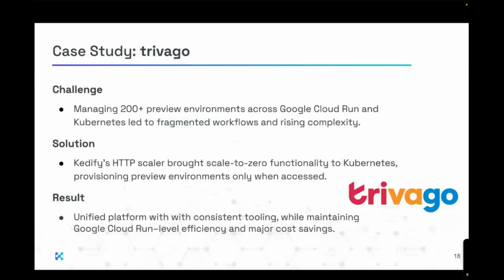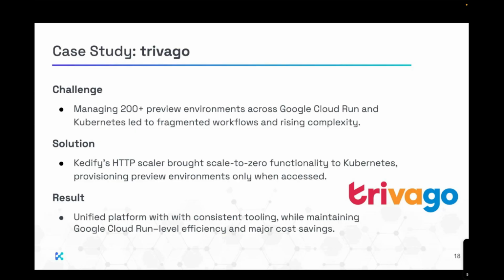This is one of the examples we did, for example, with Trivago, if we are talking about HTTP scaling. What they did before was use Google Cloud Run, which is like AWS Lambda, a serverless offering. And they used it for scaling out developer preview environments.